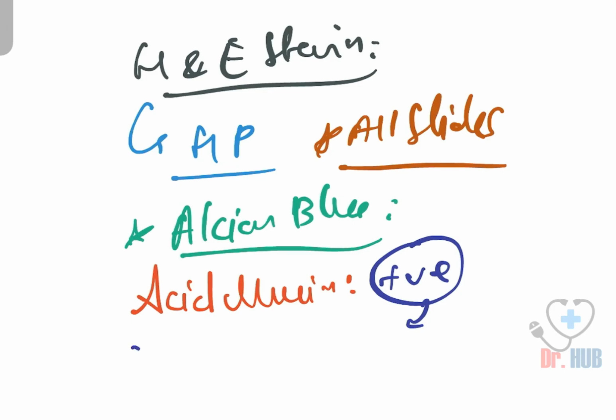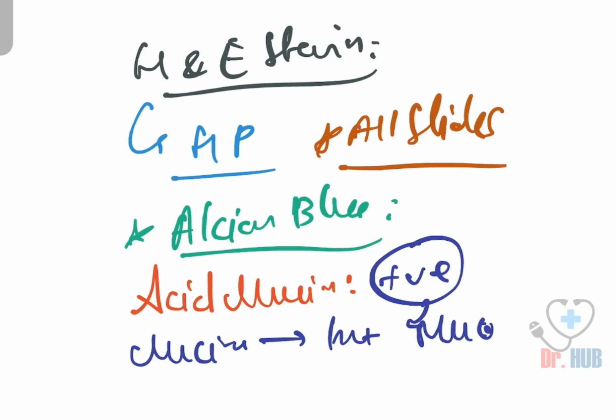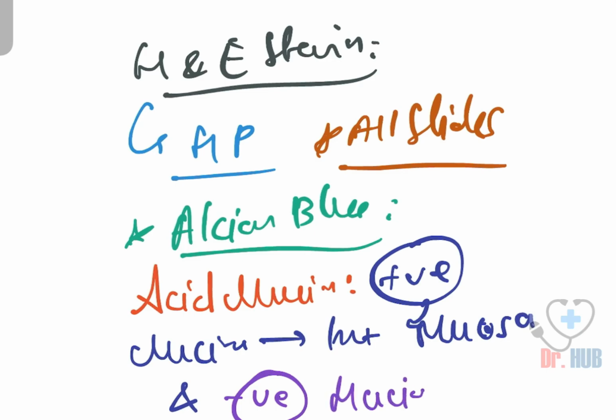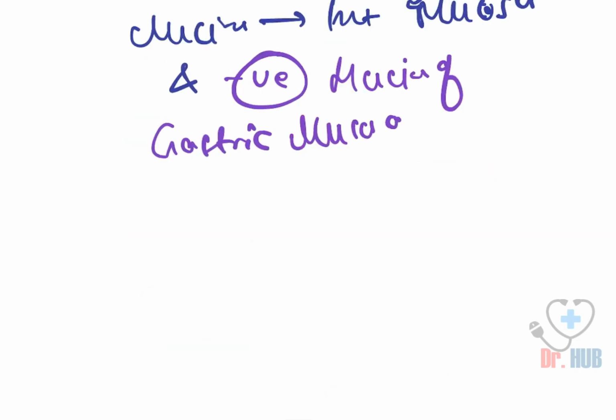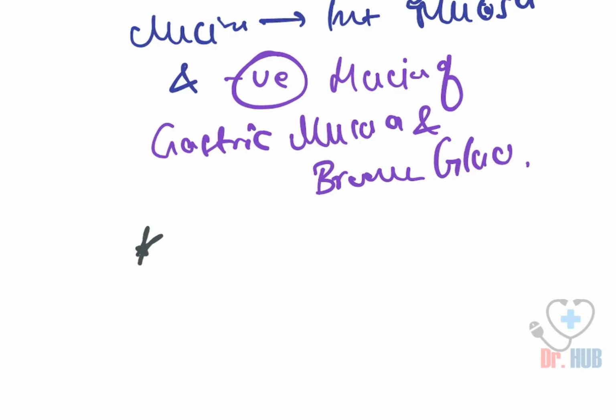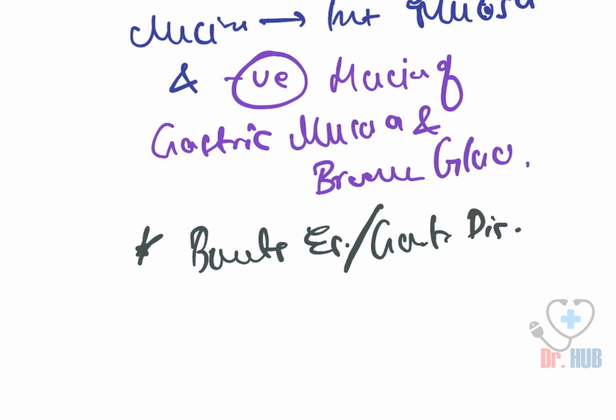It is positive for the mucins of the intestinal mucosa, as well as it stains negative for the mucins of the gastric mucosa and the Brunner's gland. So what are the disorders it is associated with? Associated with the Barrett's esophagus as well as the gastric disorders.